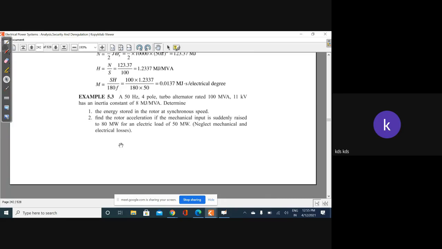Consider the other case, whenever electrical load decreases, mechanical input does not respond quickly. What happens? Stored kinetic energy increases because less energy is required to be supplied to the electrical load. That's why kinetic energy which is stored in the rotor increases. It causes the increase in frequency.